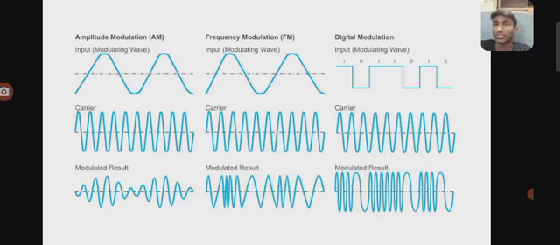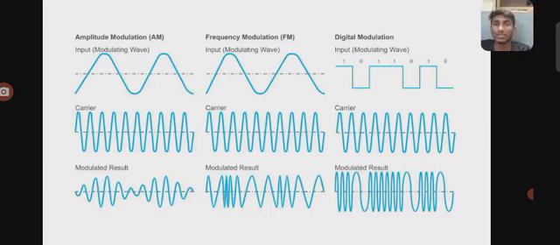Similarly in frequency modulation, the frequency of the carrier signal changes according to the input signal. Where the amplitude of the input signal is high, our carrier frequency is high, and if the input signal amplitude is minimum, the carrier frequency is low.